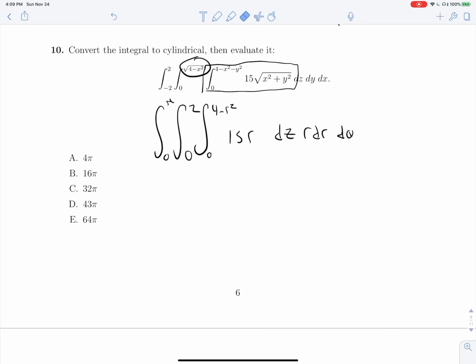And we see we're not bounded on theta at all, so we can multiply by pi out here. And we can bring this r in here. And we're ready to go.